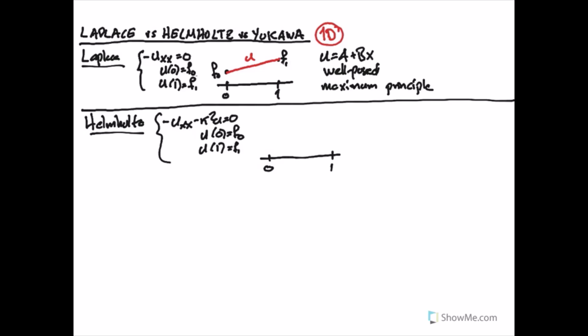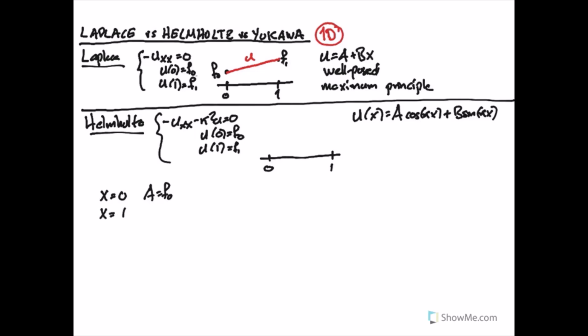If we take our boundaries 0 to 1, then what's the general solution? Well, this is A times, now we have oscillatory solutions, cosine and sine functions. So how do we find A and B? Well, we get a linear system. If you plug in x equal to 0, you get A equal to f0.